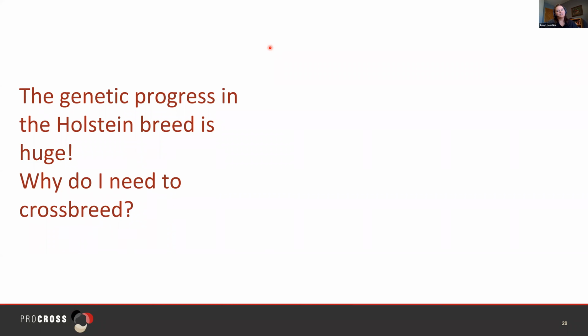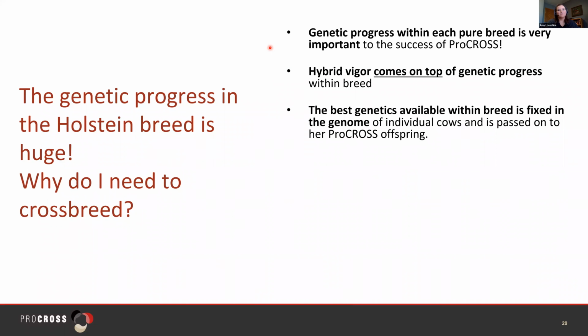I often get asked, the genetic progress of a Holstein is huge. So why do I need to crossbreed? Yeah, so it's important to recognize that genetic progress within each pure breed is very important to success for ProCROSS. But that hybrid vigor comes on top of the genetic progress within breed. So yes, we want to pick 3 breeds with aggressive genetic progress, but then use them in a rotation to also get the hybrid vigor.